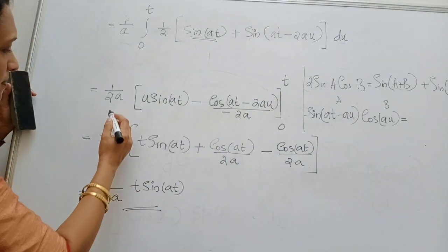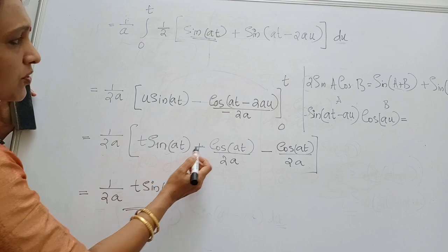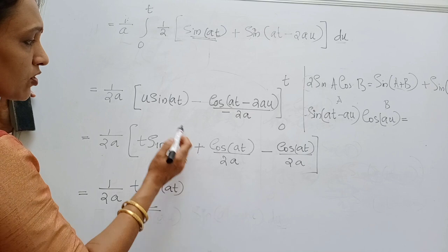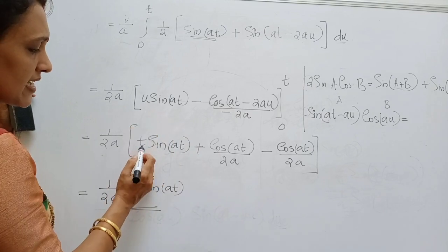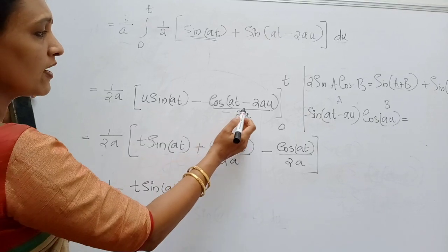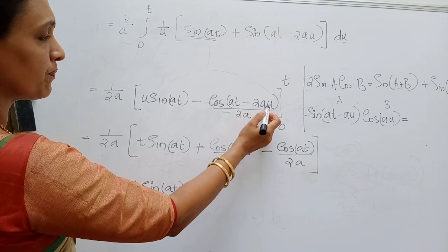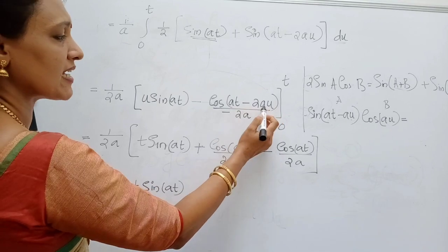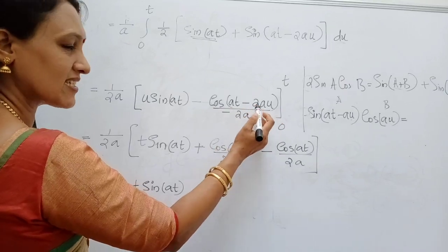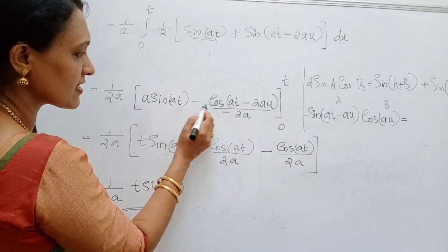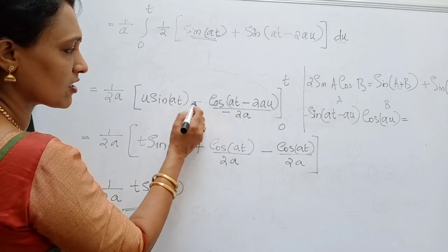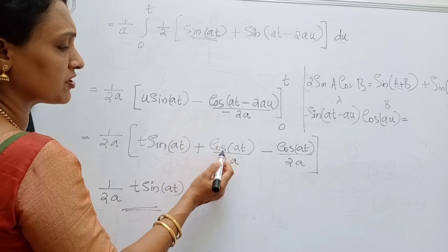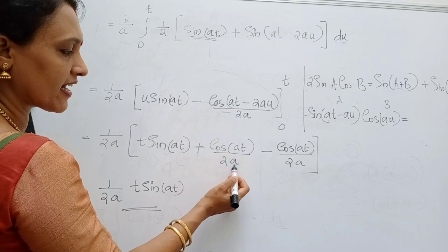Okay. So 1 by 2a into, when you substitute the upper limit u equal to t, it is t sin a t plus, for the second term, putting u is equal to t here, it is a t minus 2 a t, which is minus a t, but cos of minus is cos itself. And here one negative sign, the denominator has a negative sign, so it becomes plus. Then the second term reduces to cos a t divided by 2a.